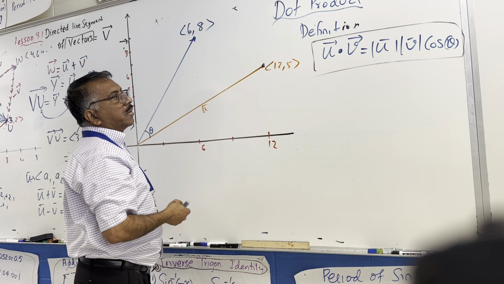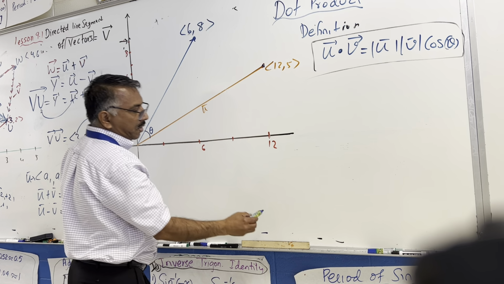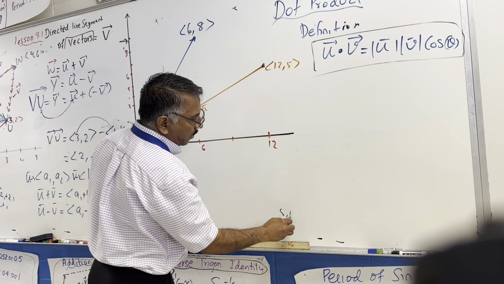I also want you to know that 5, 12, and 13 is a Pythagorean triplet because they form a right triangle.